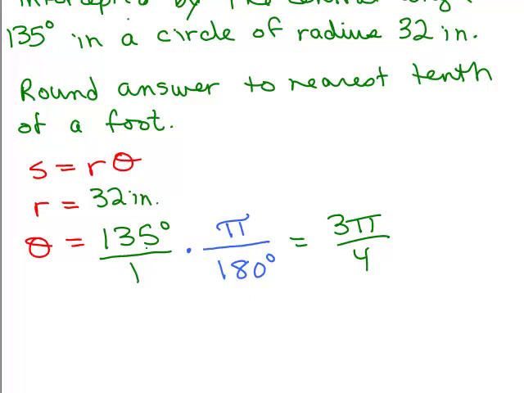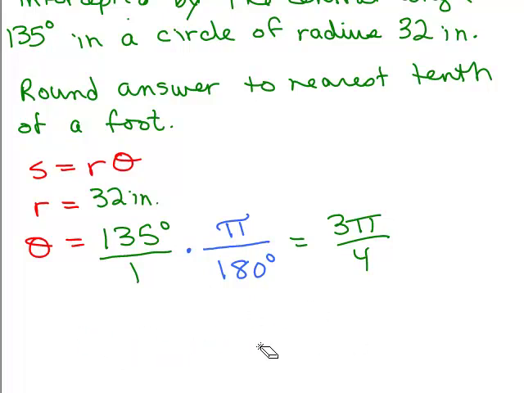But you could start by just dividing both numbers by 5, for instance. That'll give you 27 over 36. And then you could divide the top and bottom by 9, and you get 3/4. So that's where I got that 3 pi over 4. That's one way you might be able to do it.